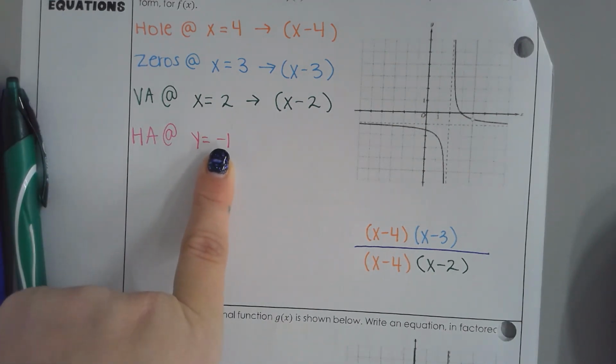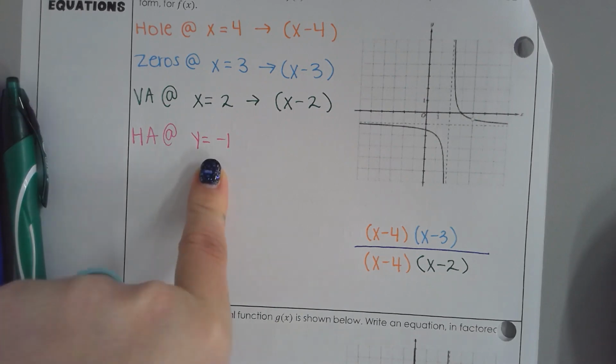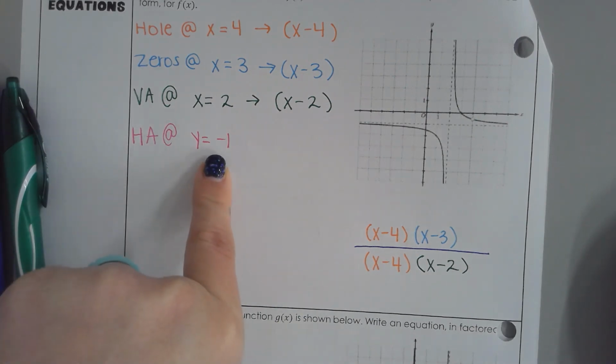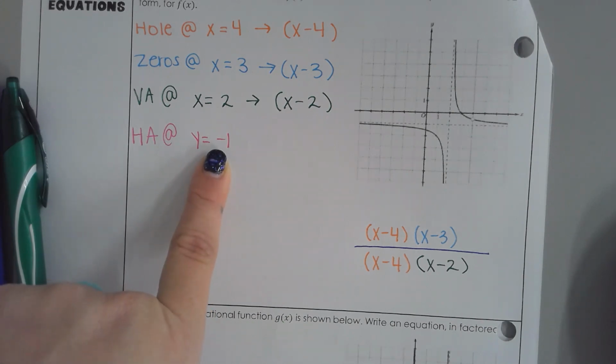When you have a horizontal asymptote, if it's y equals a number, remember that's like your a divided by b. So my numerator divided by my denominator degree would need, the coefficients would need to be -1. Which really means just one of them needs to be negative.